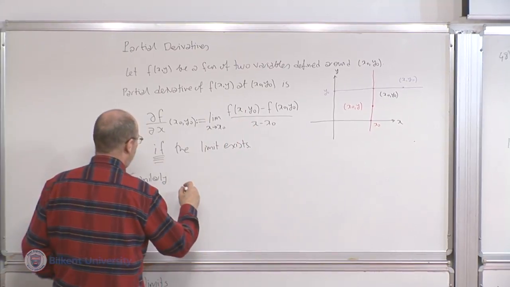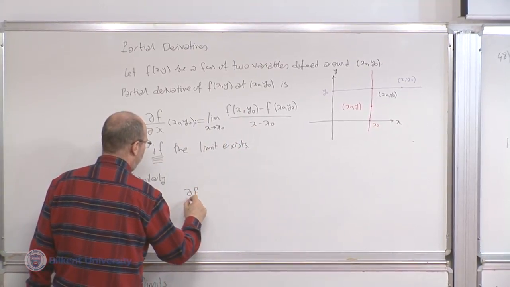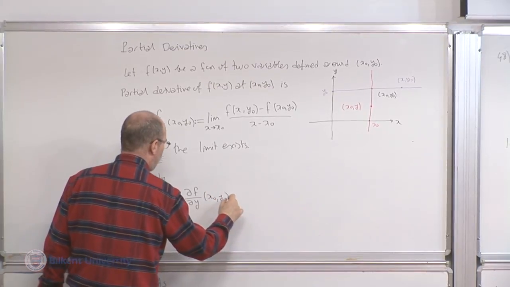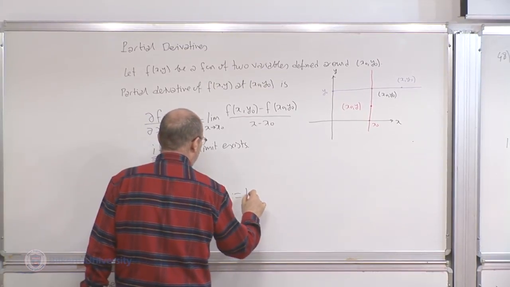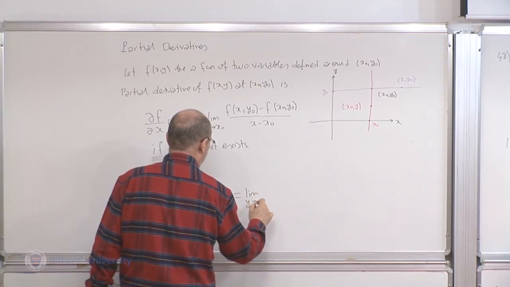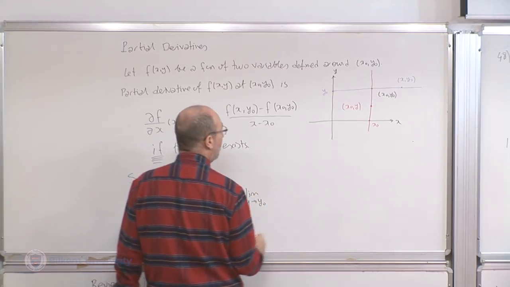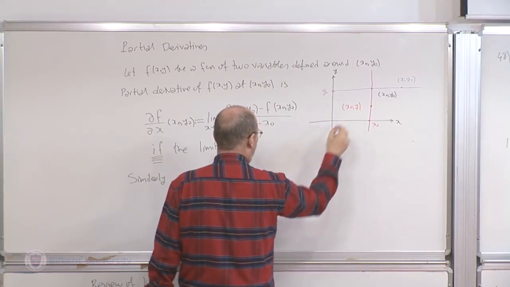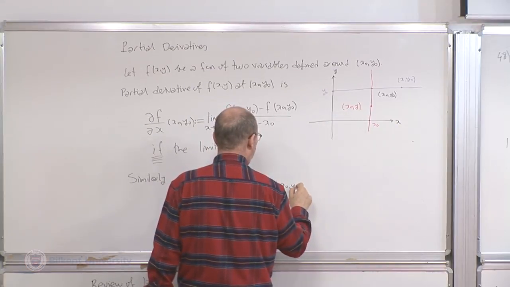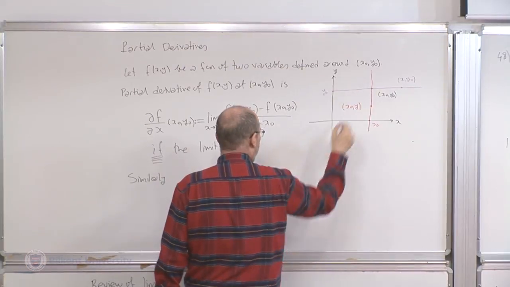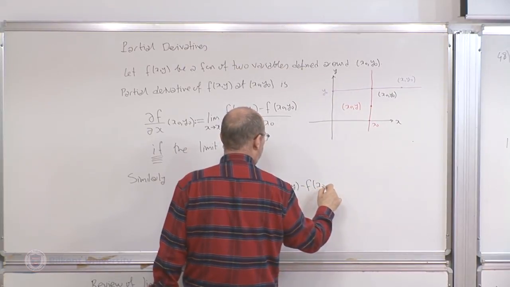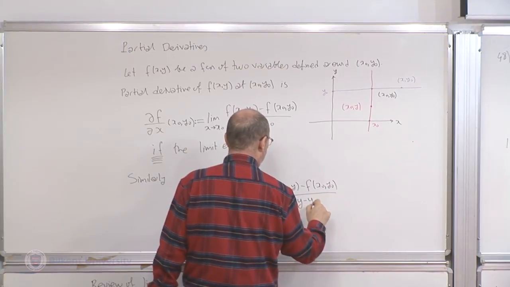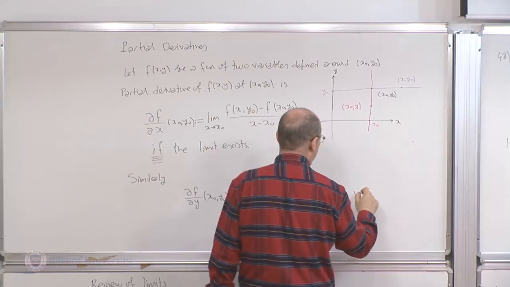Similarly, the partial derivative of f with respect to y at the point (x sub 0, y sub 0) is the limit as y goes to y sub 0 of f of a typical point of this form, minus f evaluated at (x sub 0, y sub 0), divided by y minus y sub 0, when the limit exists.